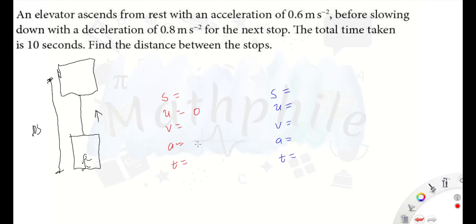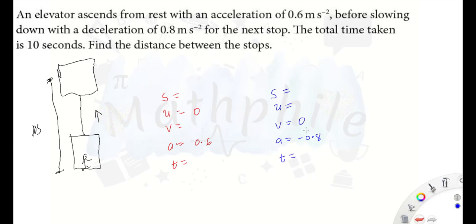Before slowing down, so it means that we've gone to the second case, with an acceleration of 0.8 before coming to rest. So the final velocity over there is 0. This is all the information that we've got.